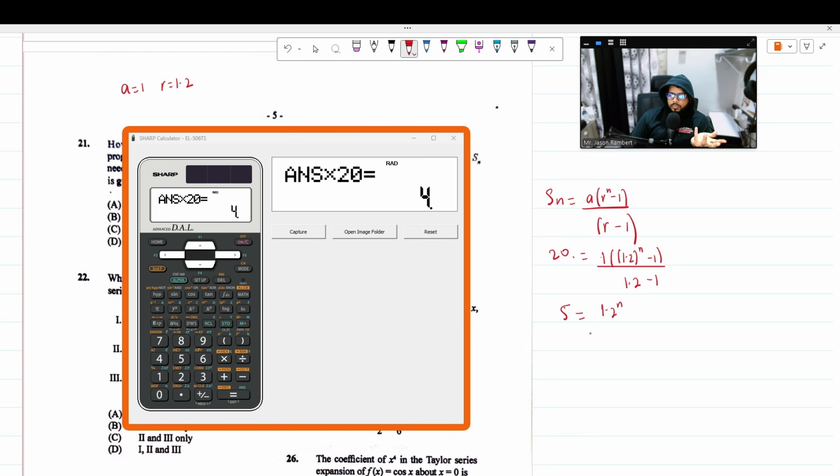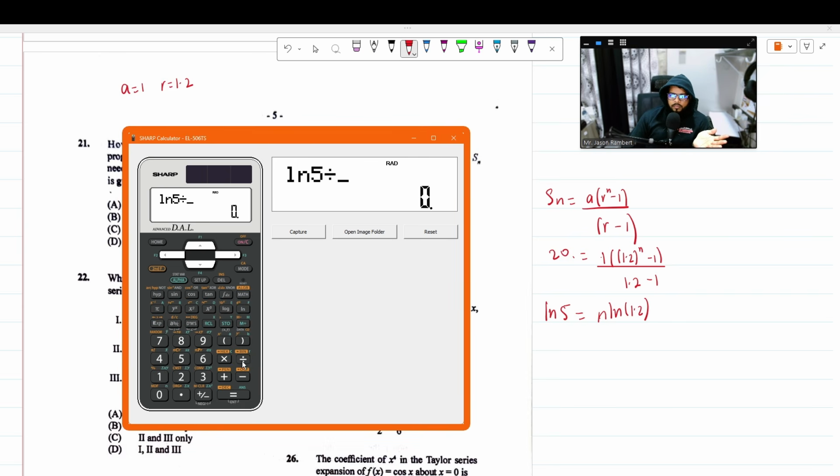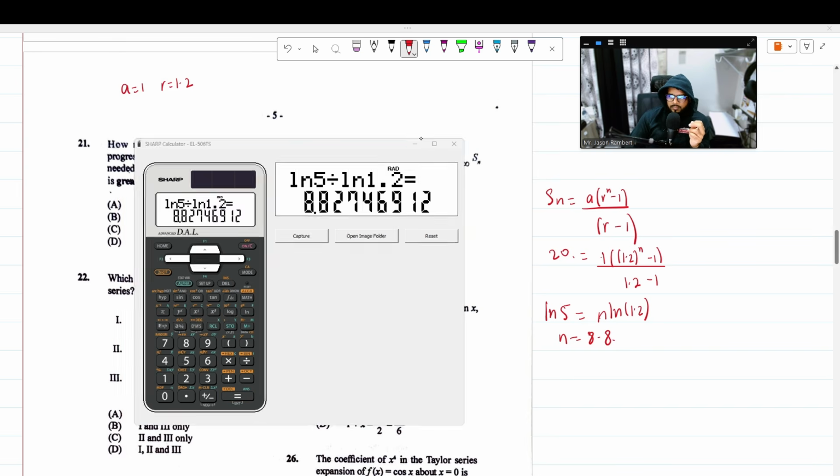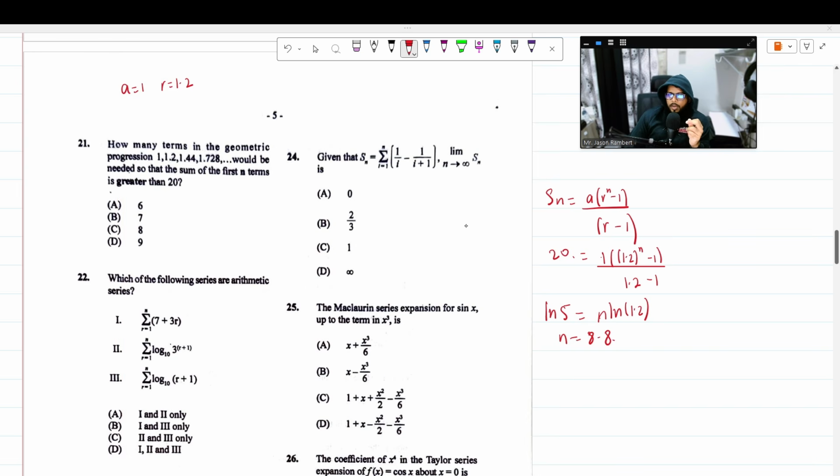Let me take logs on both sides, right? Let me get ln, and we're going to get n ln 1.2. Divide, ln 5 divided by ln of 1.2. This will give me n. So when n is equal to 8.8 terms, I'm going to get the sum to be equal to 20. I want to know when the sum is more than 20.